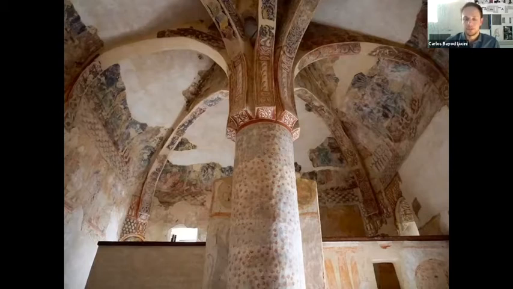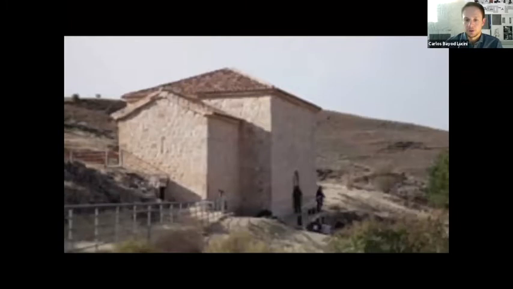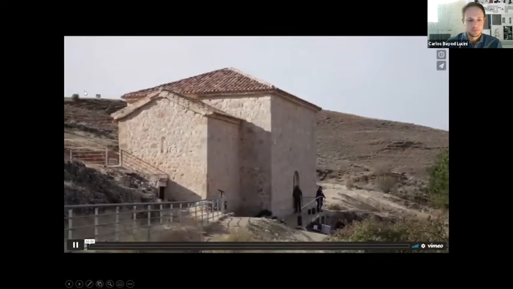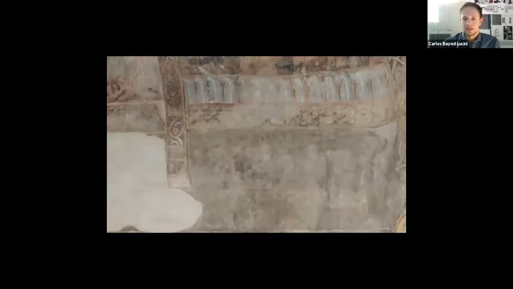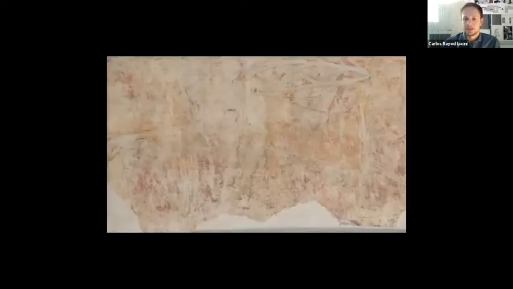But the exercise in this project consisted of trying to record the current state of the walls, and then imagine how we could apply digital restoration techniques in order to bring back the figures that are lost forever.